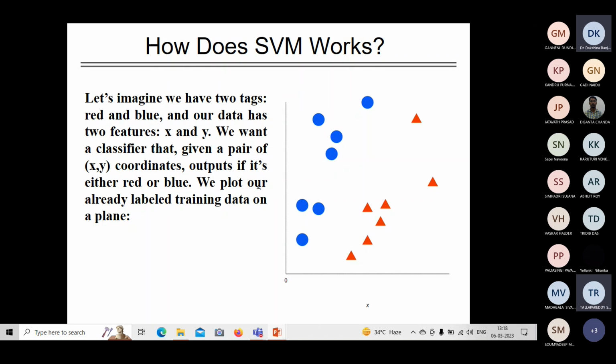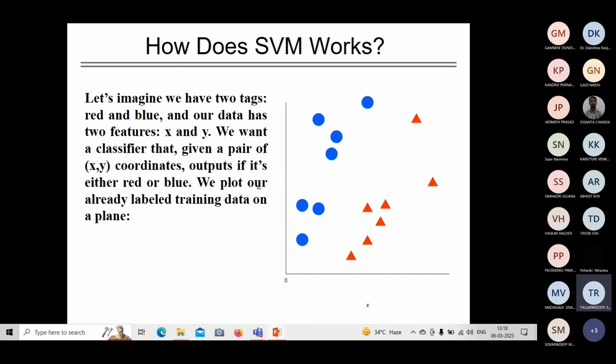The shape of the data points that belong to one class is circle, and the other data points are triangle. Now our objective is to get a classifier that can linearly separate these two sets of data points that belong to two different classes.